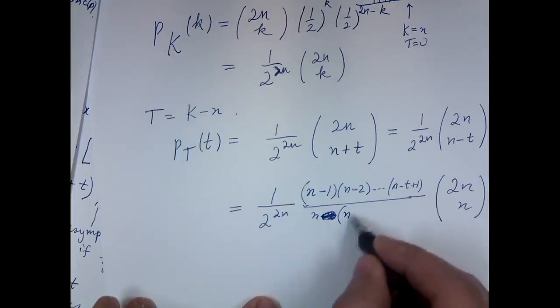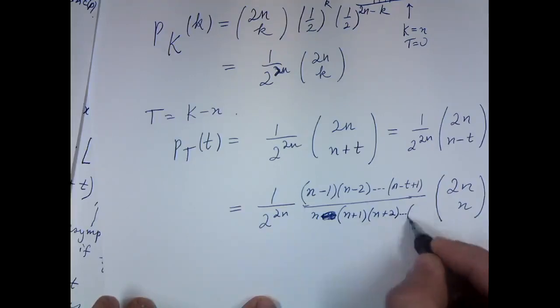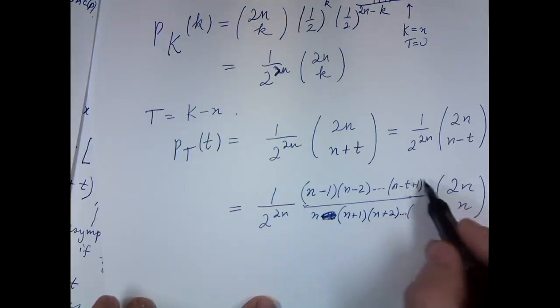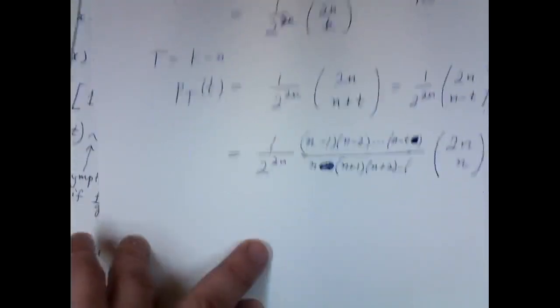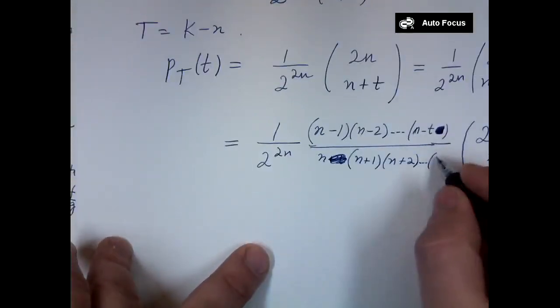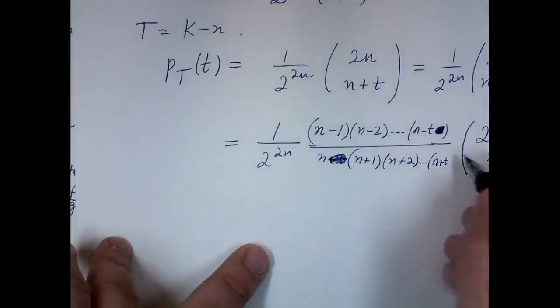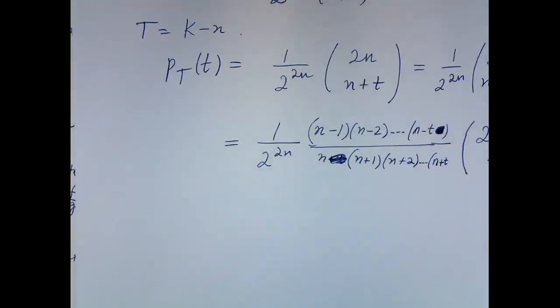n times n plus 1, n plus 2, and I got it wrong here. Instead of n minus t plus 1, I want a total of t factors. Sorry about that.